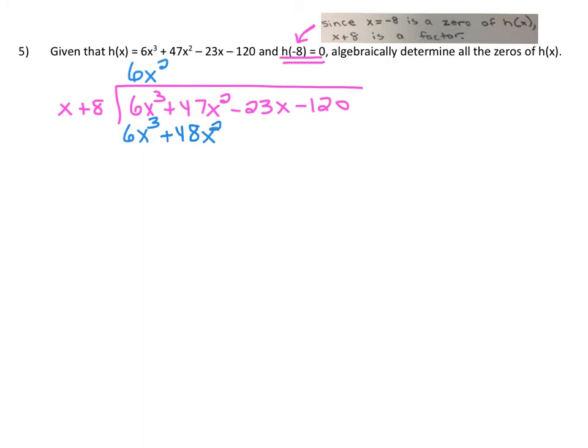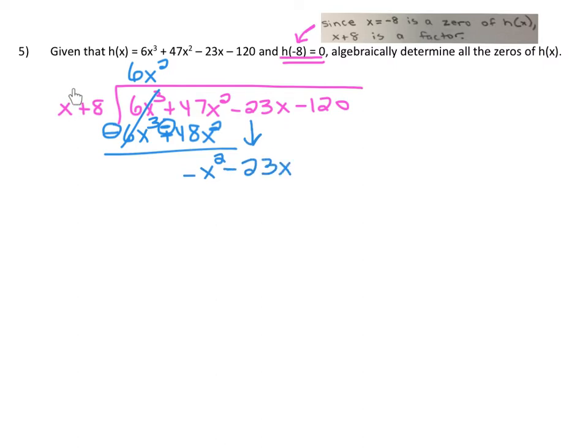Remember to change our signs, so these become negatives, and I'm circling them to show that's what I'm using. These first two terms cancel, which should always happen. Then 47 minus 48 is negative 1, so it leaves us with negative x squared. Then I can bring down this term.